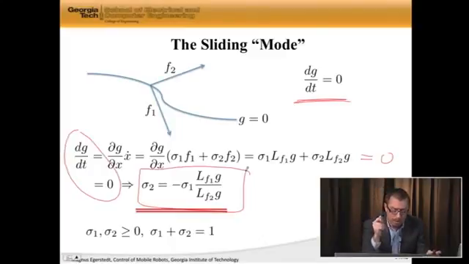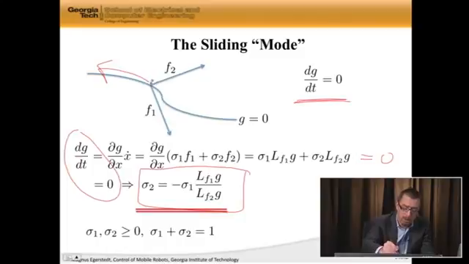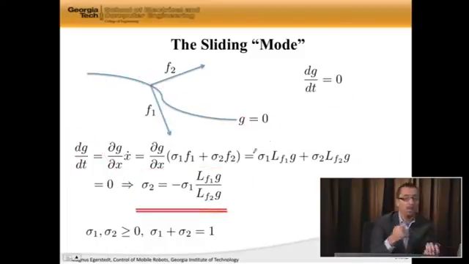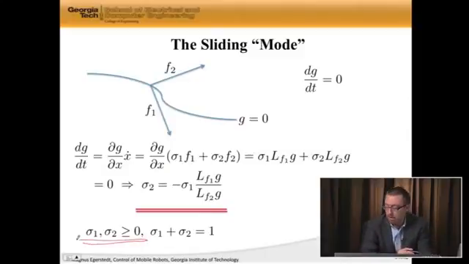We also know that both sigmas need to be positive, because I'm not allowed to all of a sudden start flowing backwards. And they also should sum up to 1, because otherwise I can go super fast along this direction, which I typically don't want. I want it to respect the dynamics. So I have additional constraints here. The sigmas need to be positive, and they need to sum up to 1.